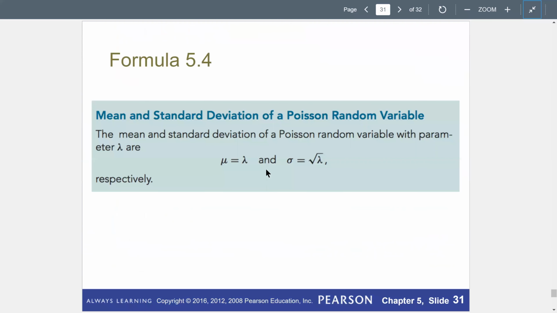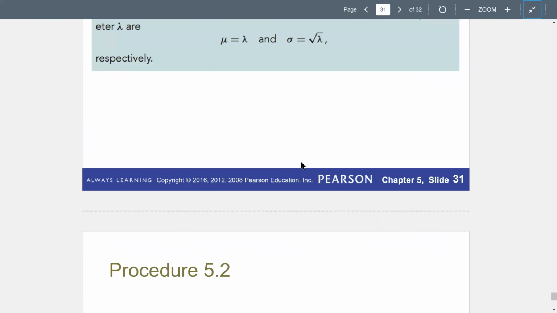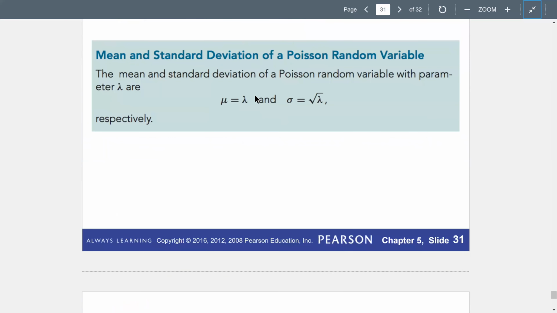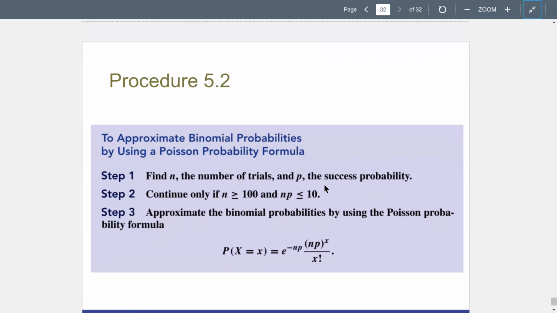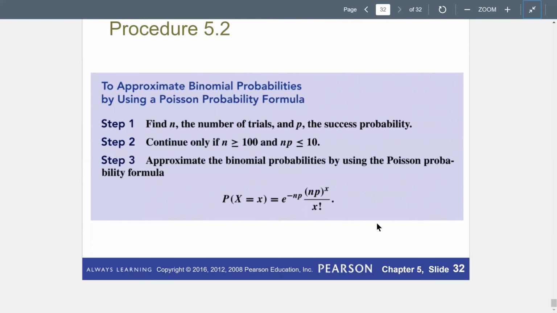The derivation is not necessary. The proof is not important. You just get the result, and you don't even have to memorize the result because the statistical software will do it for you, or Excel can calculate it for you.